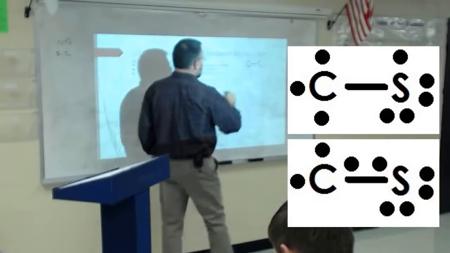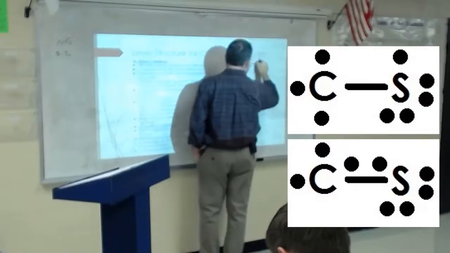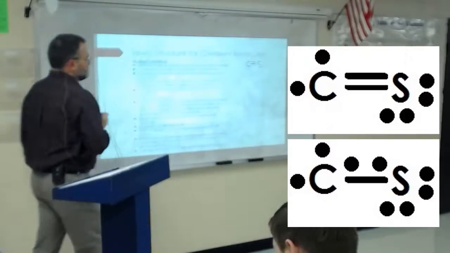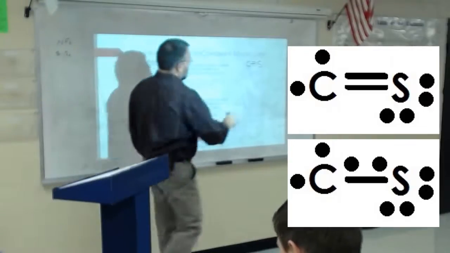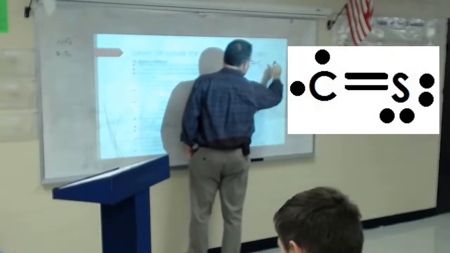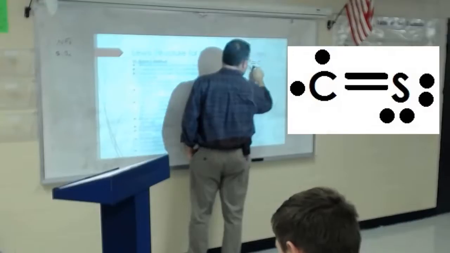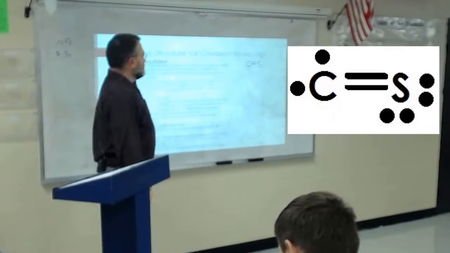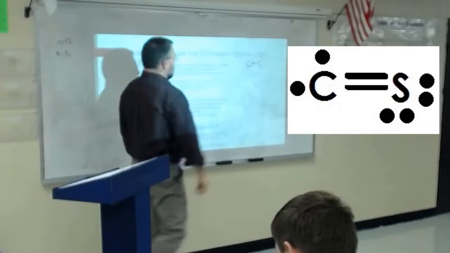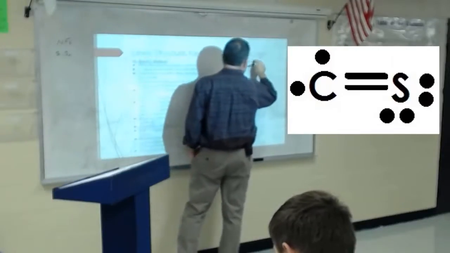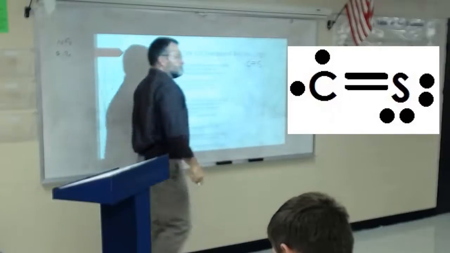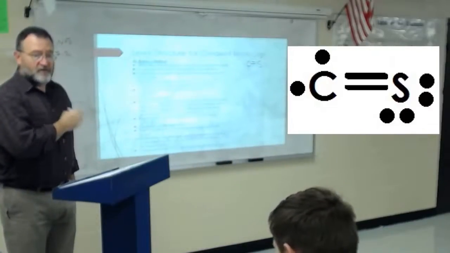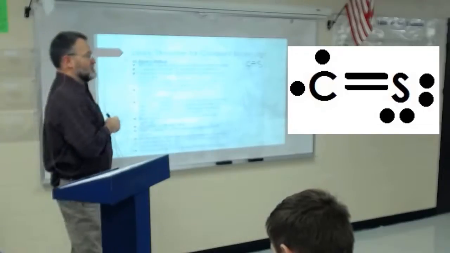I'm going to take the other unpaired electrons from both sides and replace them with a double bond. 1, 2, 3, 4, 5, 6, 7, 8. Sulfur is satisfied. It's got its octet. Carbon, 1, 2, 3, 4, 5, 6. It's not satisfied, right? Carbon doesn't have enough electrons.